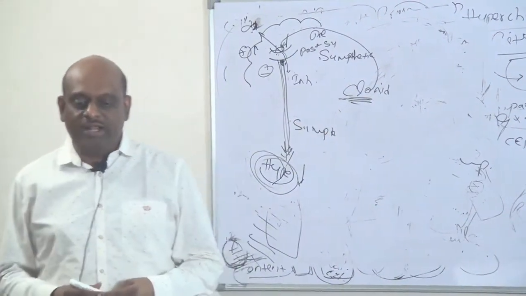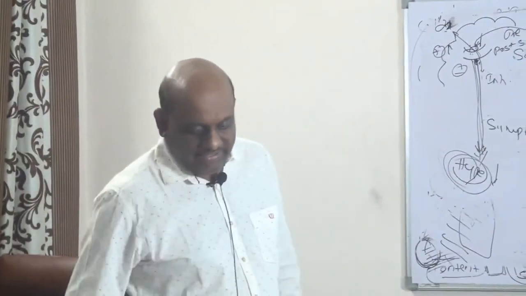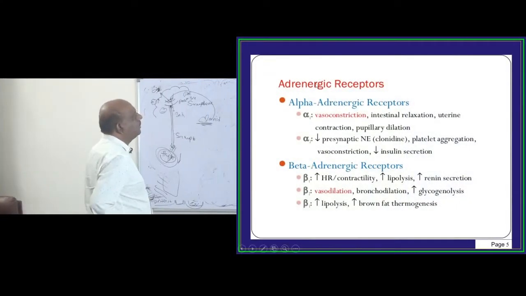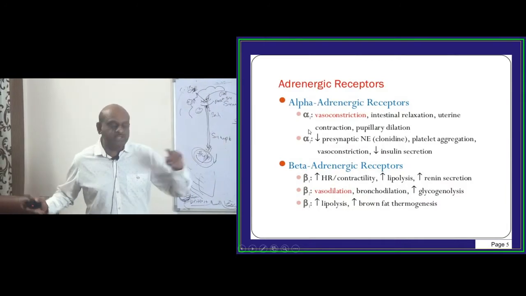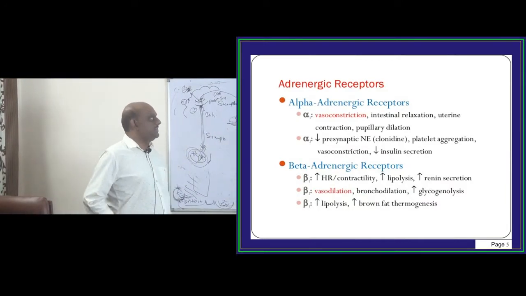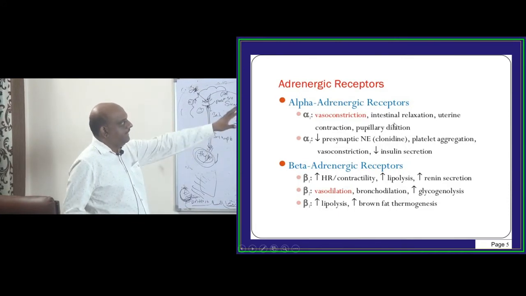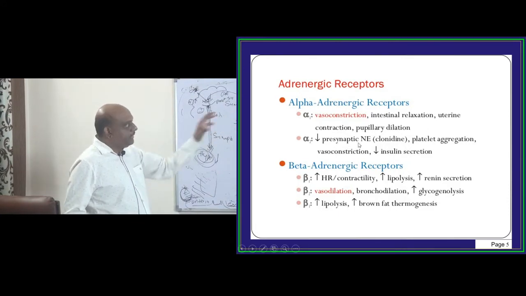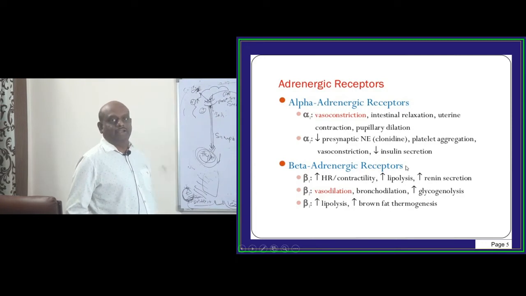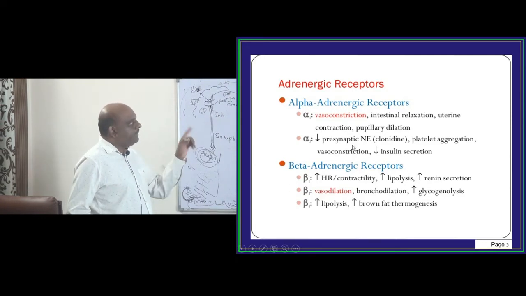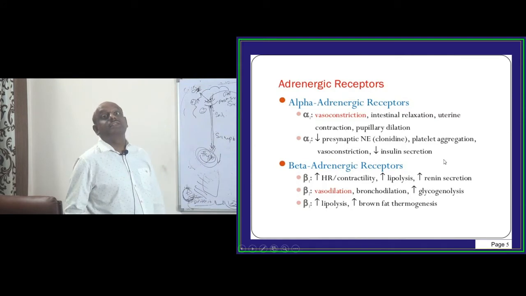Okay, so that is what you have to basically remember. So Madhu, you understood, right? If Madhu understood, the world understood. Now alpha 1: vasoconstriction, intestinal relaxation, uterine contraction, pupillary dilatation, remember all these. Alpha 2 is presynaptic; it leads to platelet aggregation, vasoconstriction and decreased insulin secretion.